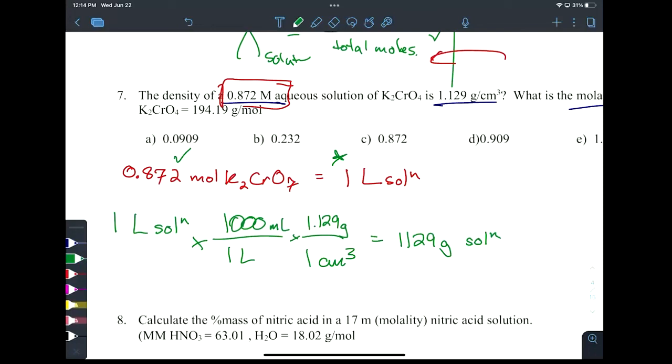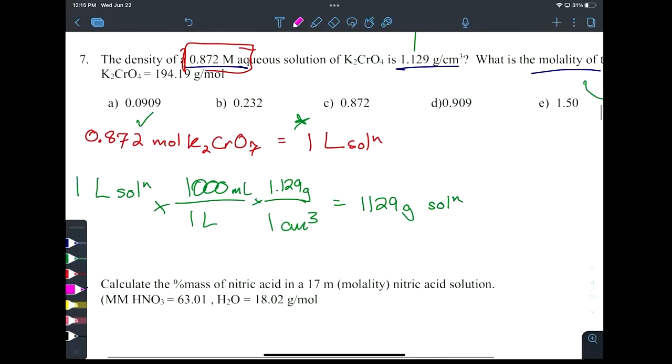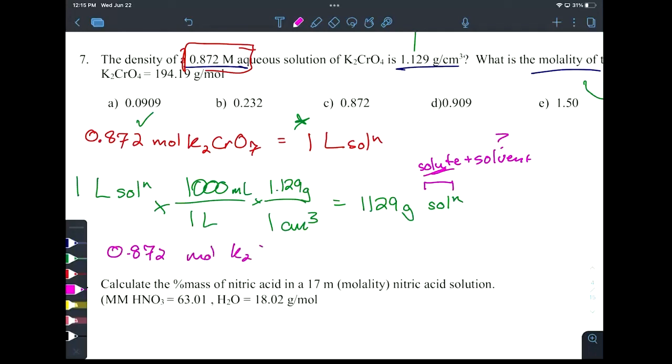The other piece of information, mass of solute, how can I get that? From the moles. We already dictated how many moles of solute we have. The whole idea here is that I know this is solute plus solvent, and I want the solvent part. I can calculate the solute part from the 0.872 moles of K2CrO4.